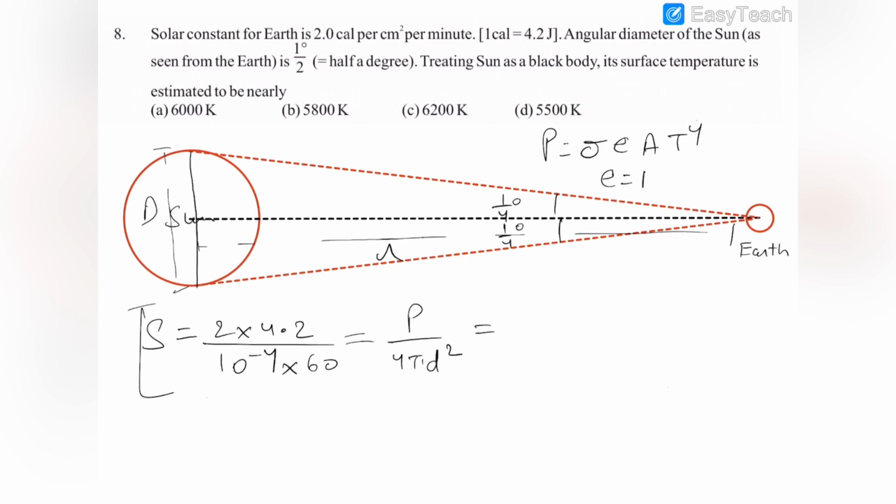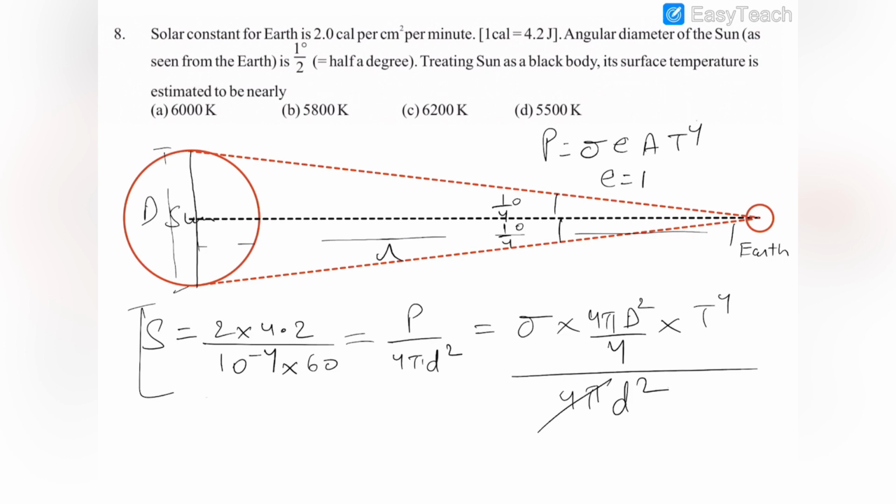So this power will be sigma into area of surface of sun, which would be 4 pi D square by 4, and the temperature of sun is T to the power 4. So it is divided by 4 pi d square. So cancelling out this 4 pi with 4 pi, first of all, let us write down the T to the power 4.